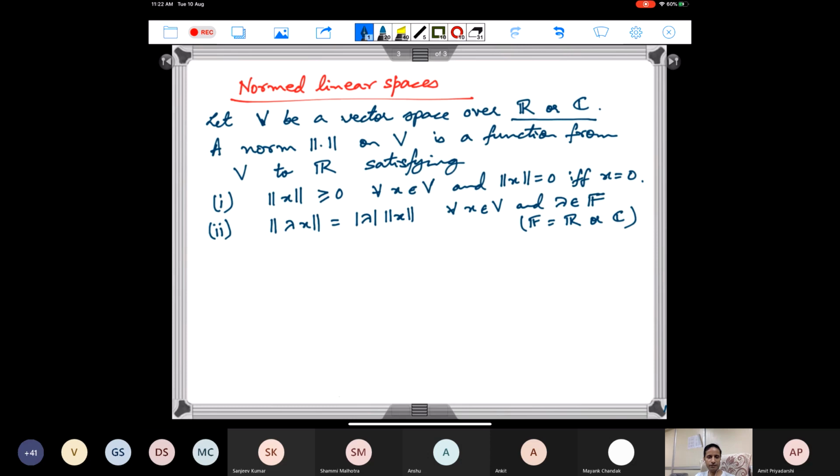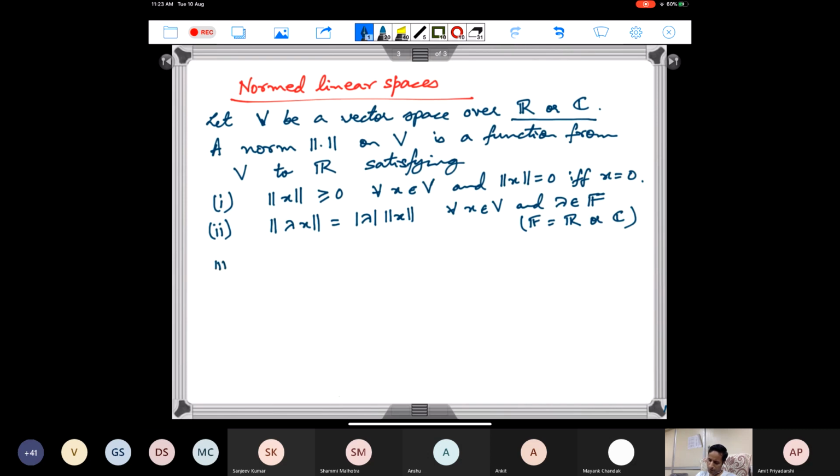For real numbers and complex numbers the absolute value is defined. But for a general field there is no notion of mod lambda, therefore we cannot define the norm. It is possible to define it on some other fields also, but we will only consider R or C.